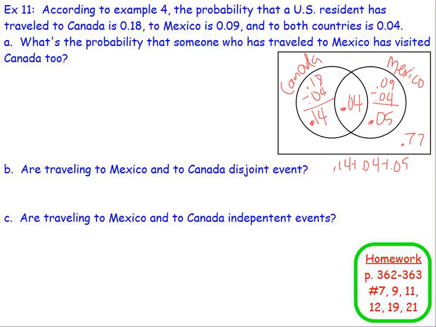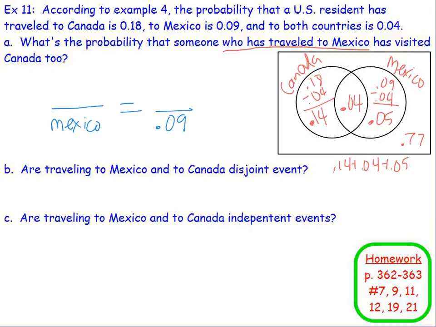Did you realize that one of those was a given? We are trying to find the probability that someone who has traveled to Mexico, so they've already done that. This right here was your given. So we know that Mexico is on the bottom. Well, what's the probability that they've traveled to Mexico? That will be 0.09.